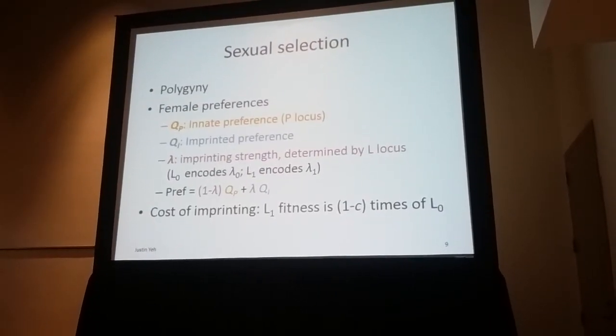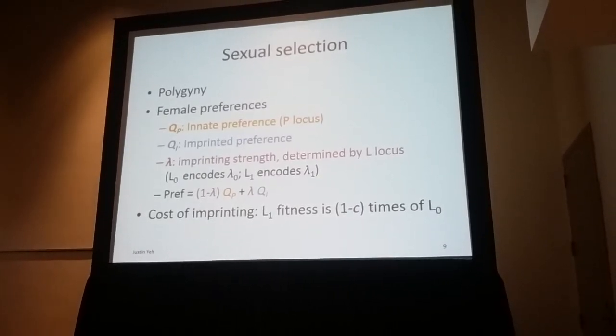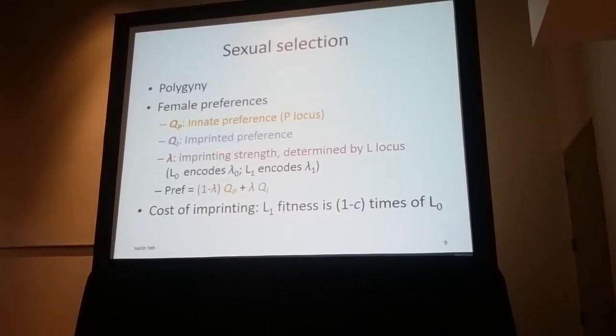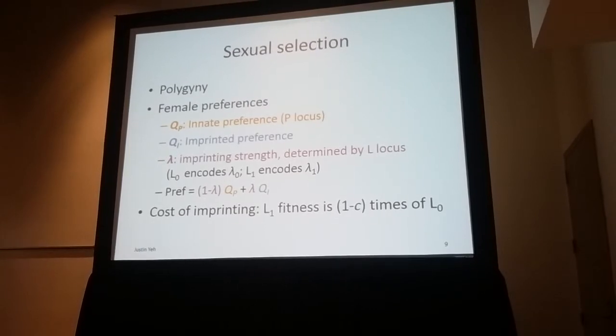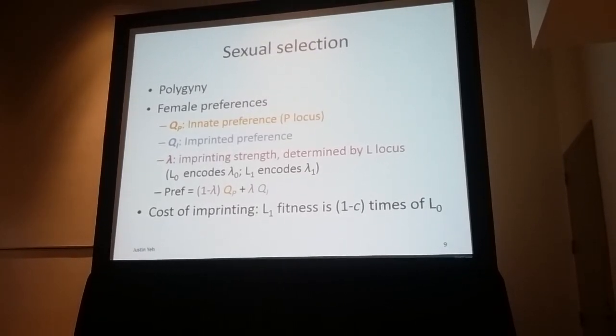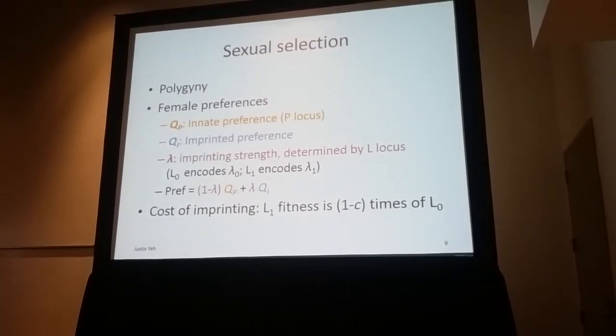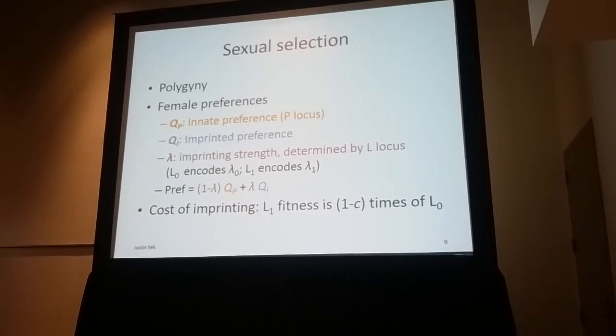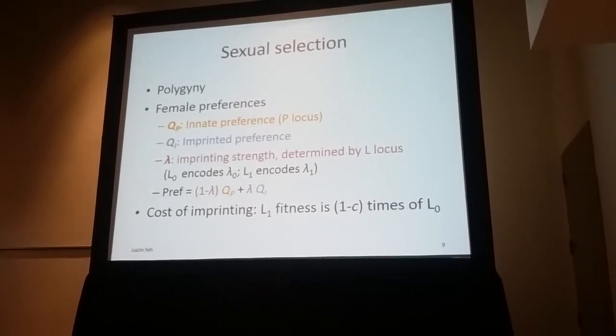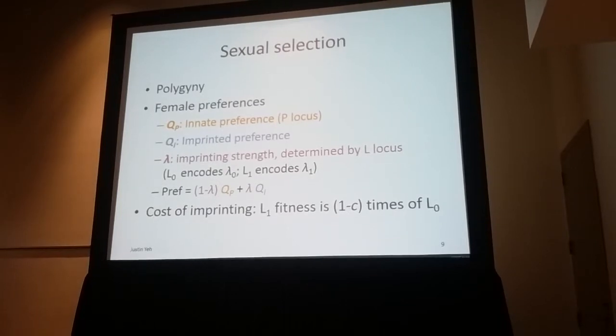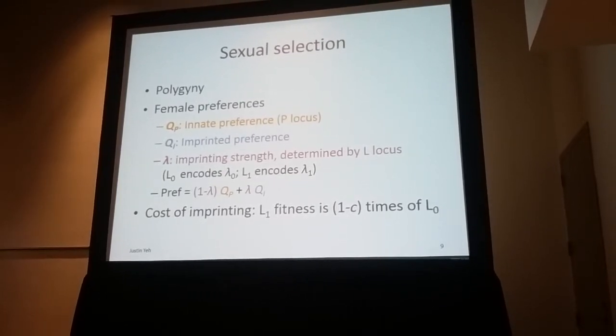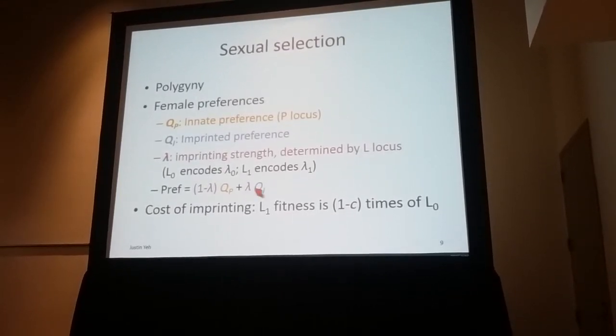Then in sexual selection, I assume it's polygyny, so sexual selection is acting on the males, and all females have the same mating success. And the female preference consists of 2 components, the innate preference, which is determined by the P locus, and the imprinted preference. And the 2 components are weighted by the imprinting strength and then combined by this equation.